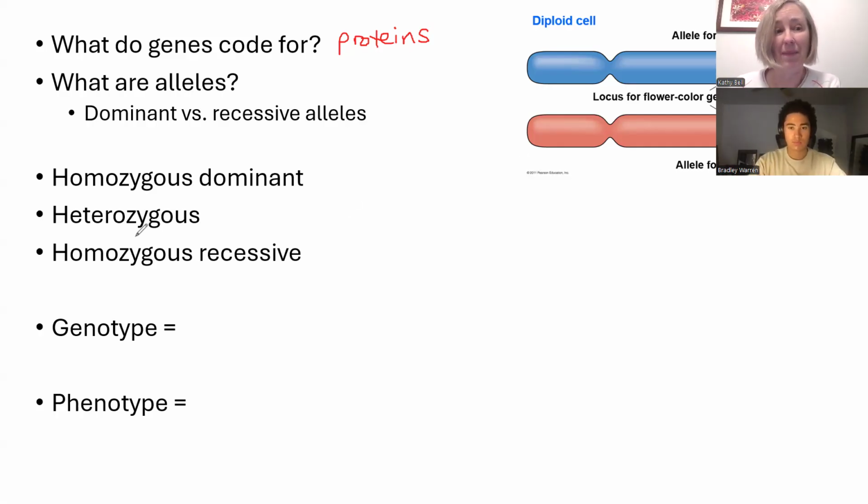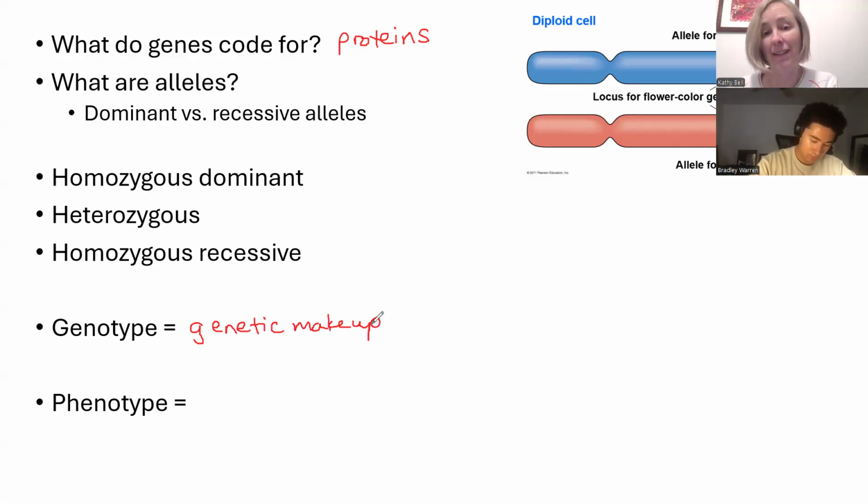Okay. And then we have these genotypes here. Remember, the genotype is just your genetic makeup, what combination of alleles you've got. With our genotype, you could be homozygous dominant.